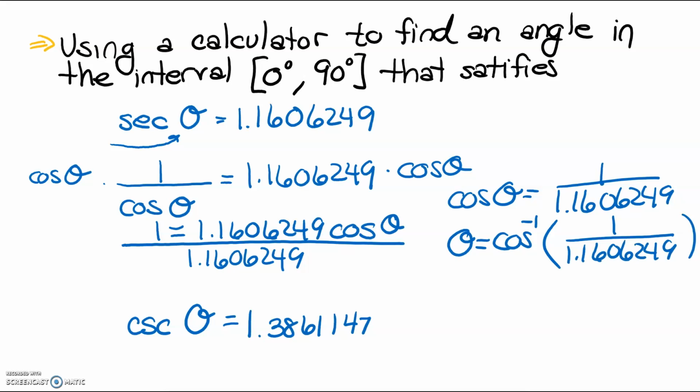So when I do that on my calculator, theta equals approximately 30.5 degrees if I round that to 1 decimal place.